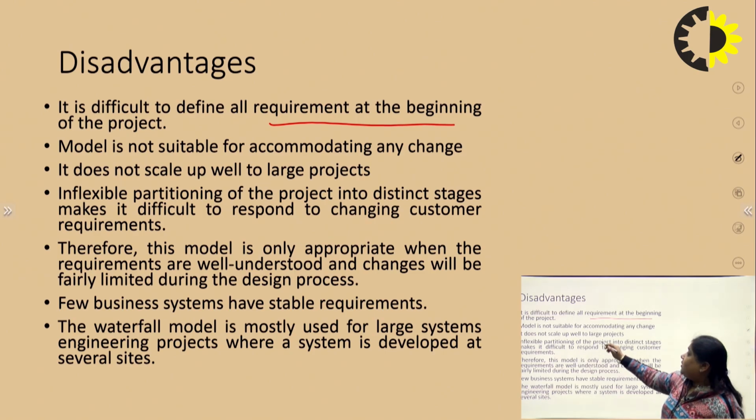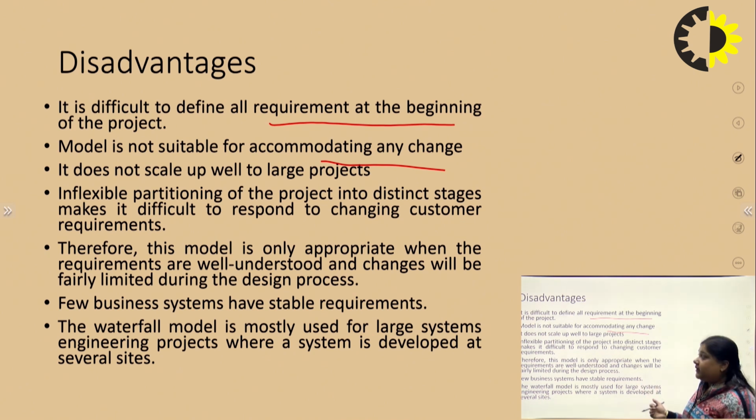The model is not suitable for accommodating any change. If we go from one phase to another, we cannot make changes in our previous phase. It does not scale up well to large projects. It has inflexible partitioning of the project into distinct stages, which makes it difficult to respond to changing customer requirements.